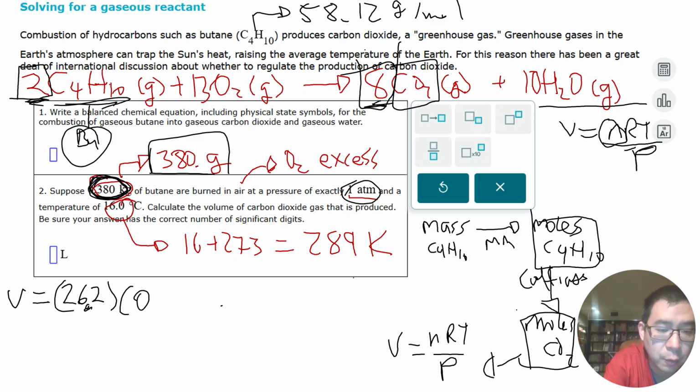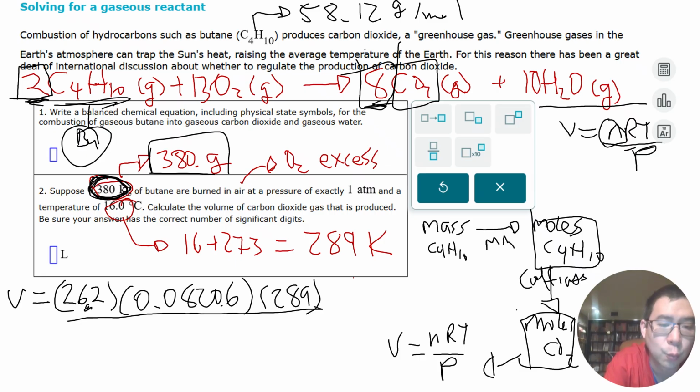So R is 0.08206 when my pressure is in atmospheres. If pressure is something else, you have to look up the other R. T is 289 K, and P is 1.